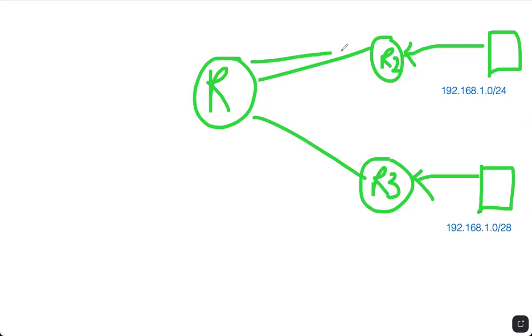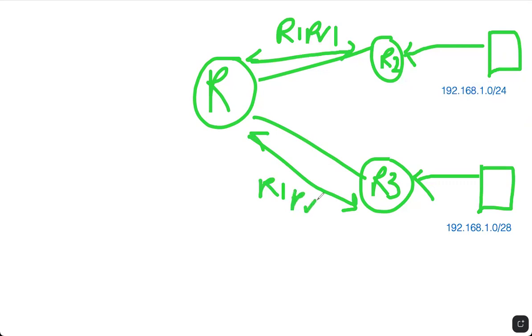So this router is a neighbor with this router with RIP version 1. This router is also a neighbor with RIP version 1. Because these two are RIP version 1 neighbors with this router, let's say this one is R1.